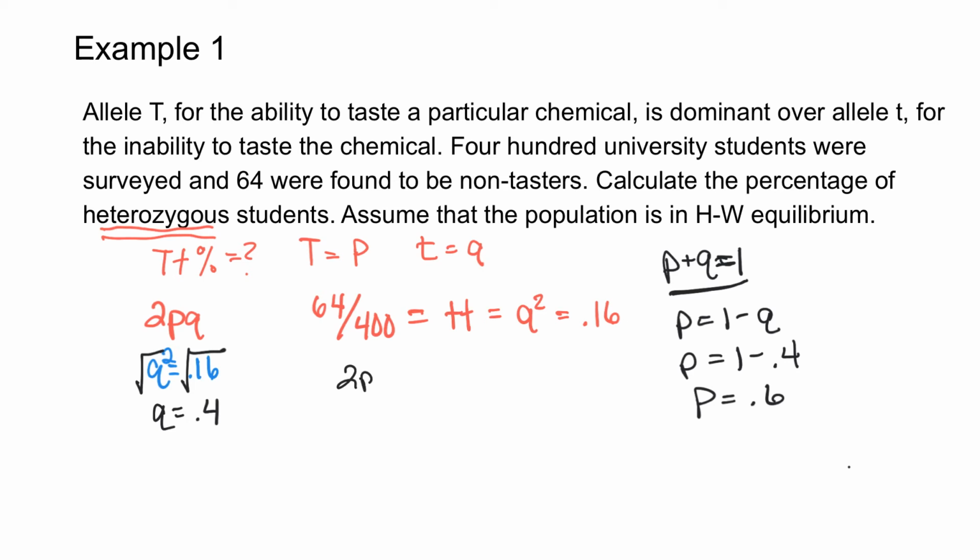So 2pq equals 2 times 0.6 times 0.4, and what do we get? 0.48. So the percentage of heterozygous students is 48%.